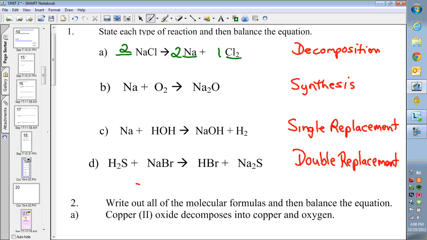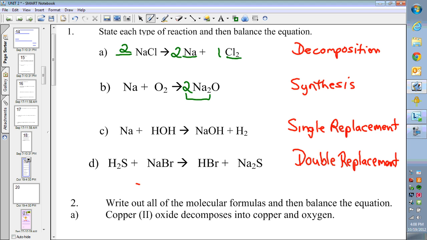Okay, so second reaction. I see one sodium on the left and I see two sodiums on the right. So I need to rectify that. Okay, I also see two oxygens here on the left and only one on the right. So I'm going to start with the oxygens. If there's two here on the left, I need to put a 2 in to make two oxygens on the right. That, however, has increased my count.